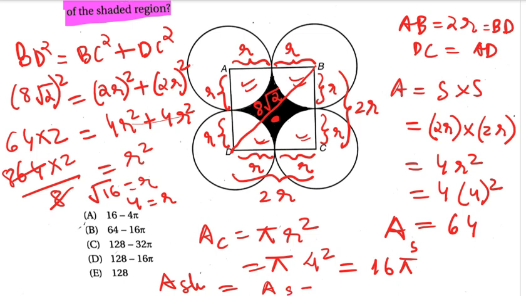So area of S minus area of C will give you 64 minus 16 pi. That is option B. Very, very simple question, students, but the questions are a little bit tricky.